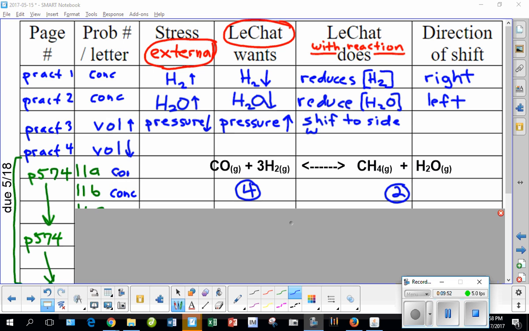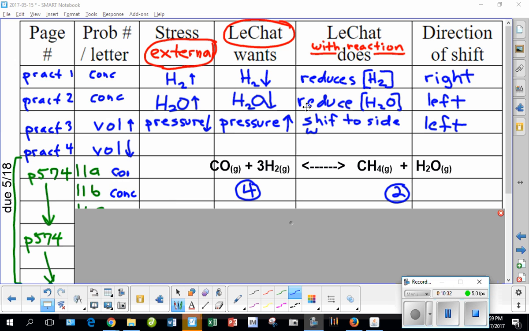When I first blew up the balloon, I was adding more particles, and I was doing the thing of 4 versus 2. It was like starting out with 2 and going to 4. The balloon got bigger, right? And that made it have more pressure. So the pressure goes up when you increase. And so your shift is going to be to the left.